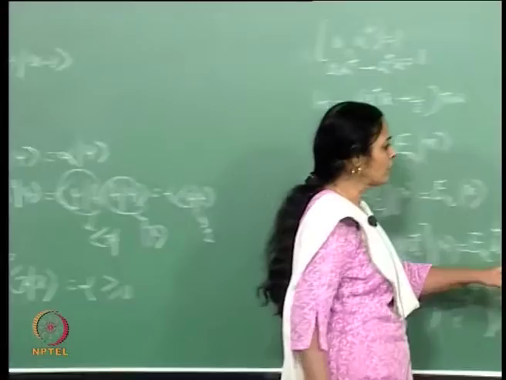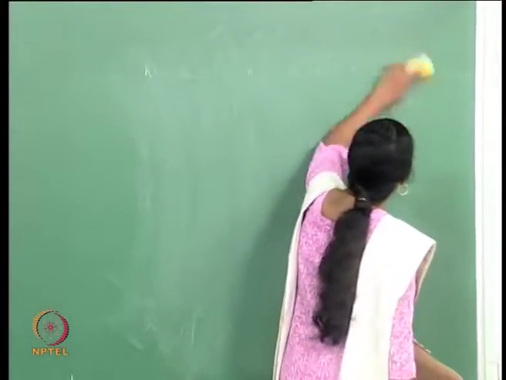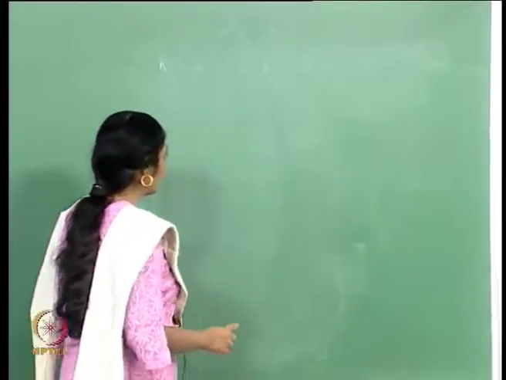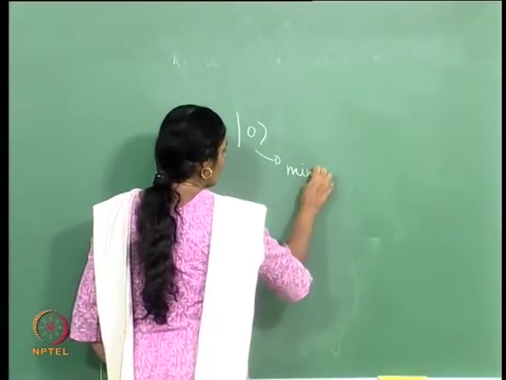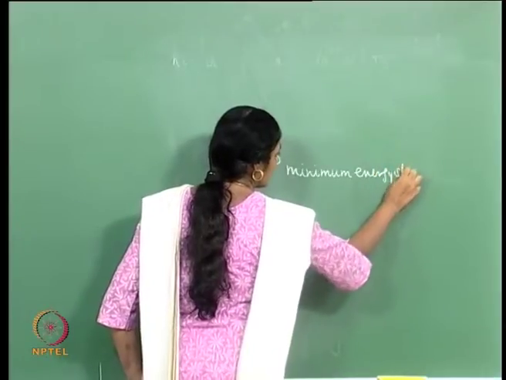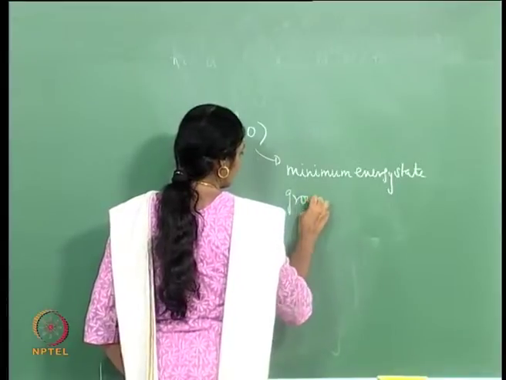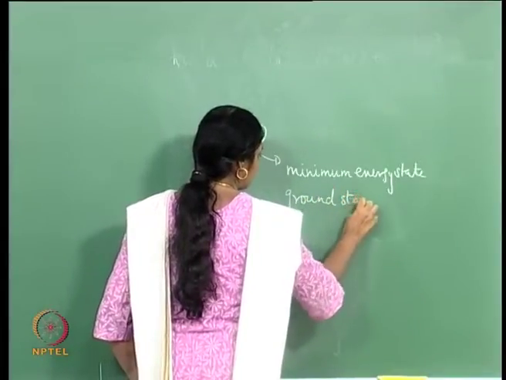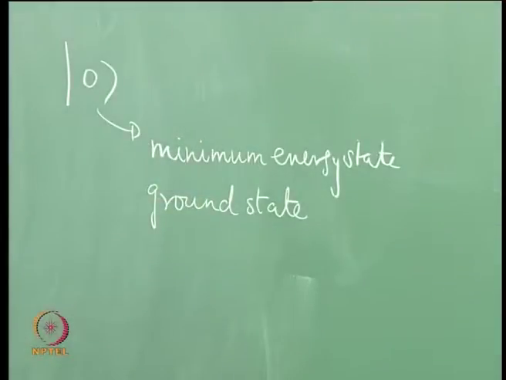Now that is an important point, because it tells us that finally by repeated application of A, we will get to the lowest energy state, which I will call the minimum energy state, or ground state. It is not the null vector. It need not be a state with energy value equal to 0.